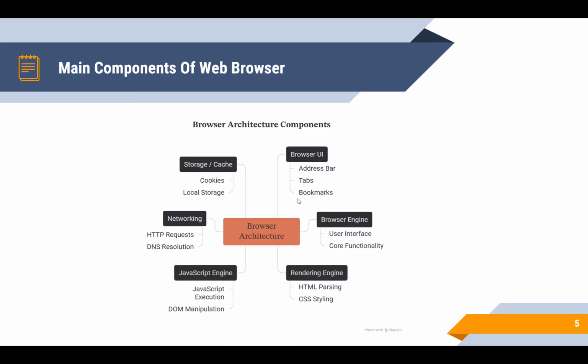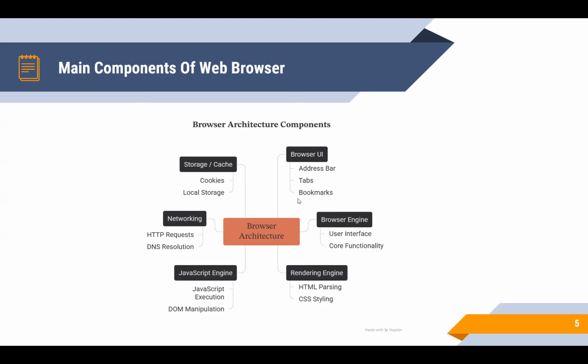Let's suppose you hit tcs.com or yo4js.com, then the request will go, and once the response reaches your browser, the browser engine will decide how things will display in our browser.